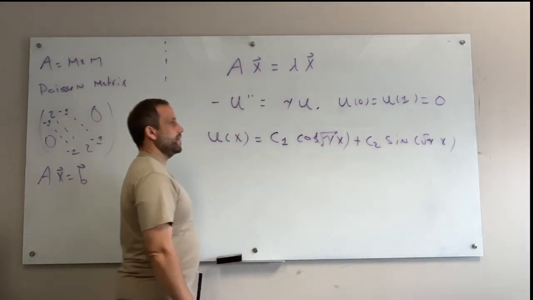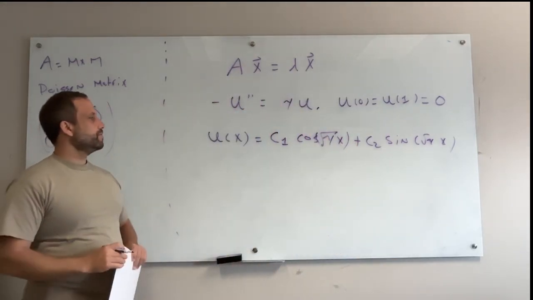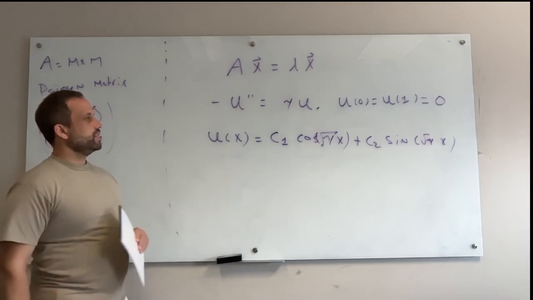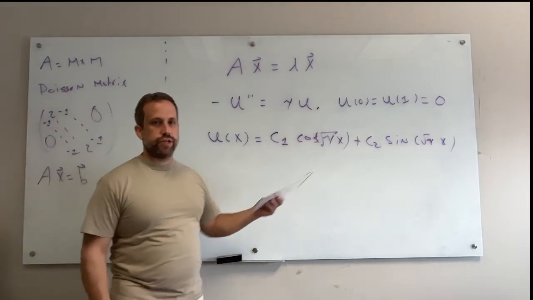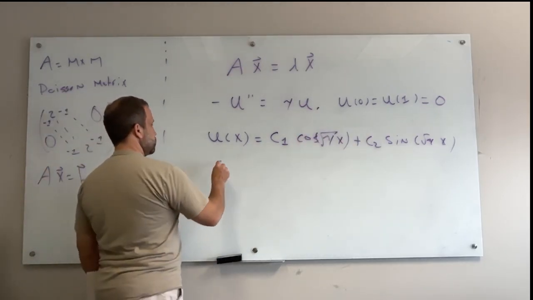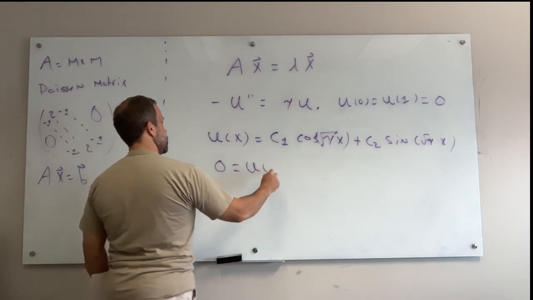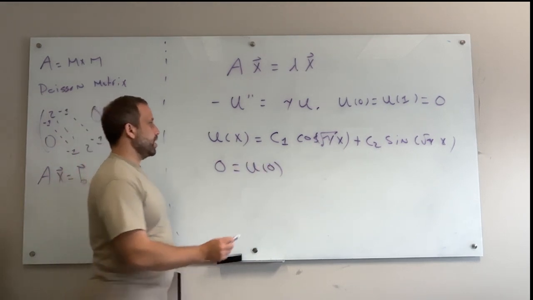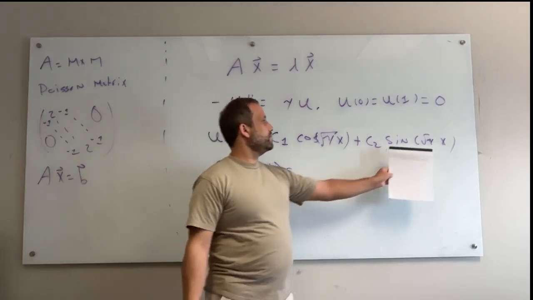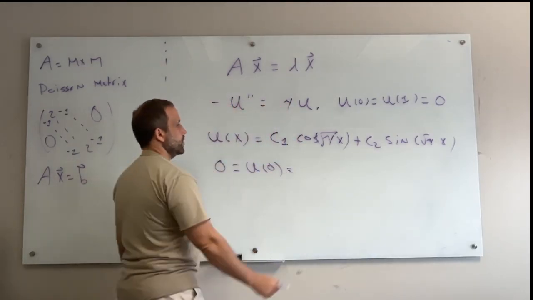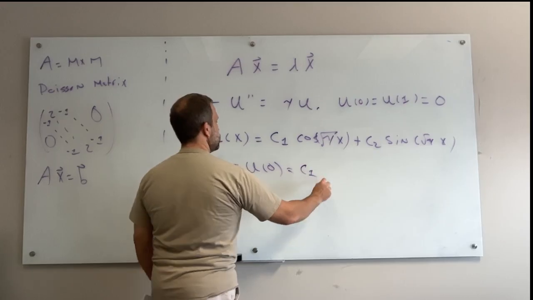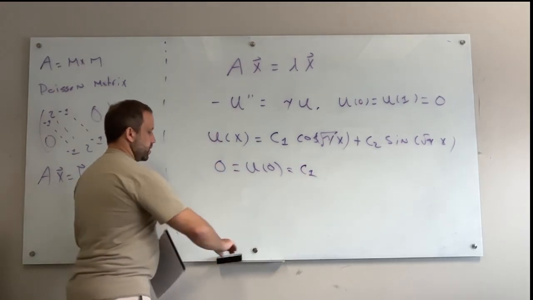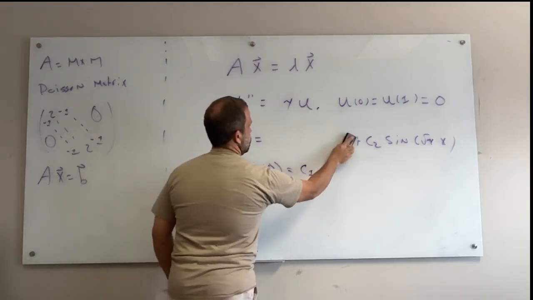You can verify that this satisfies the differential equation. Now, to know what C1 and C2 are, it seems like we're going to have to use these boundary conditions. So if you look at x equals 0, 0 is equal to u of 0, and if we plug in x equals 0 over here, notice what happens. Sine of 0 is 0, so this term is 0. Cosine of 0 is 1, so we have C1, and it tells us C1 is equal to 0, so this goes away.